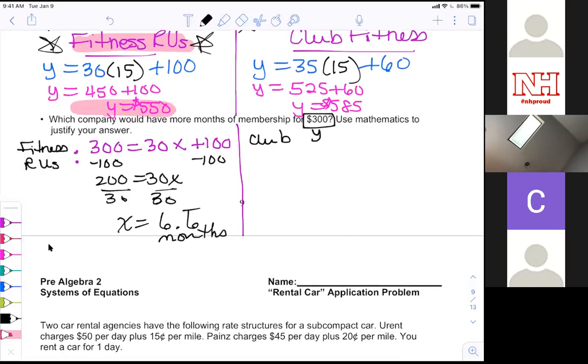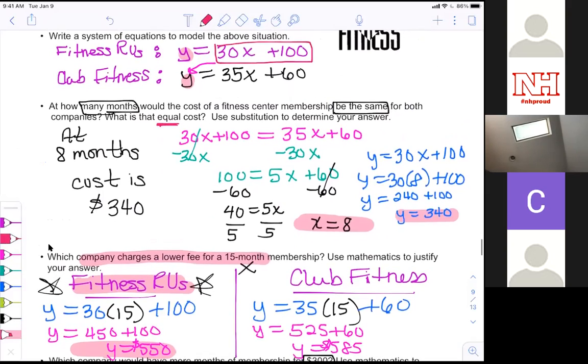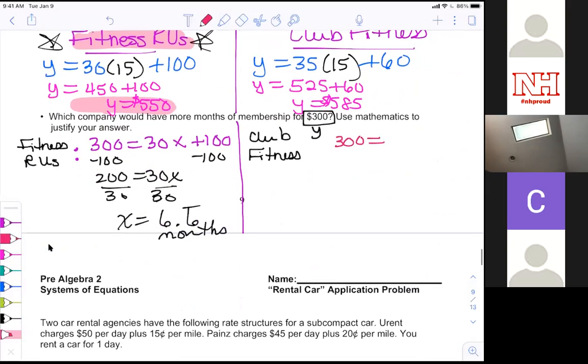So the other club that we have is Club Fitness. And we are going to do exactly the same thing. So we're taking that 300 and we're setting it equal to its equation, which is 35x plus 60. So we can solve this exactly like Bill solved the other one. Subtract 60.